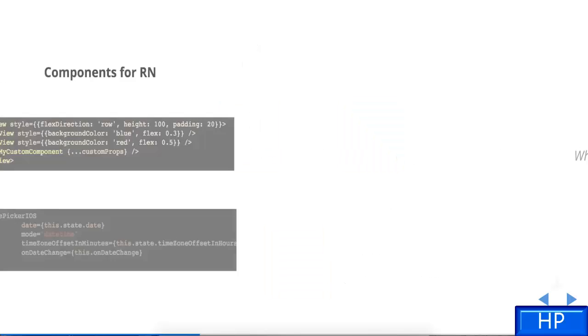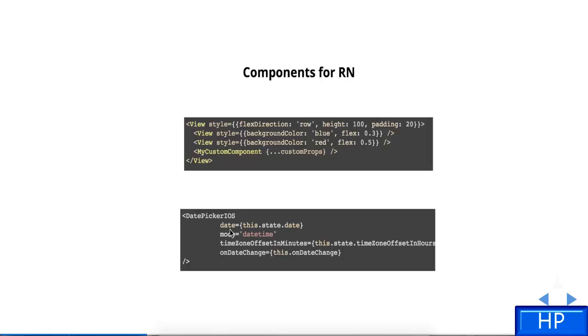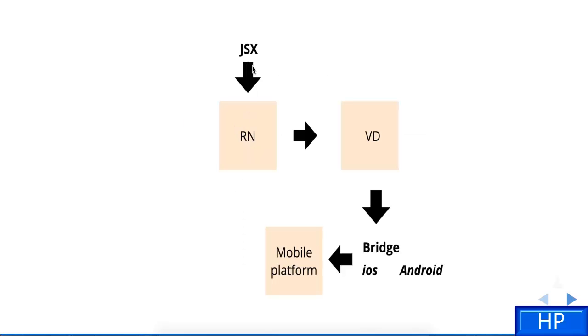Now imagine a JSX file contains a view component, and that JSX file is given to our React Native. React Native converts that into, as we know, something like a virtual DOM, and then React Native asks the bridge, "Hey bridge, the project author has asked to run the JSX code in iOS.